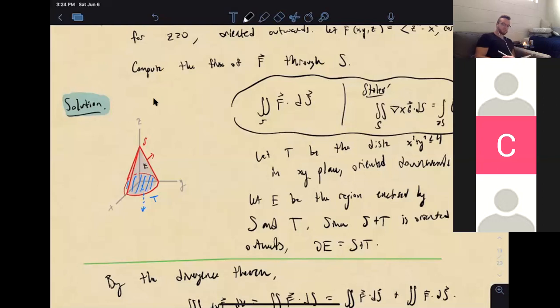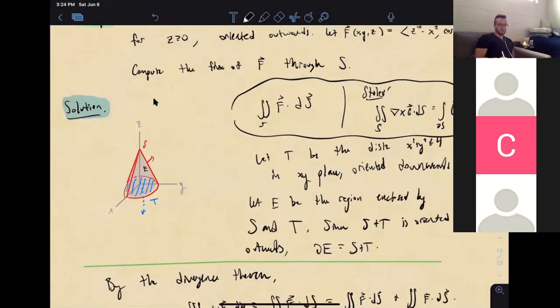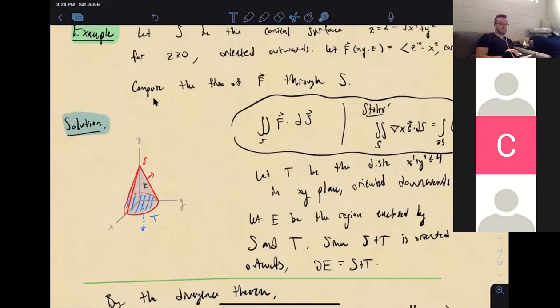The reason why a direct application of Stokes' theorem wouldn't be so good is that the thing we're trying to compute is the surface integral of F, but the surface integral in Stokes' theorem is not of a vector field, it's the surface integral of the curl of a vector field.